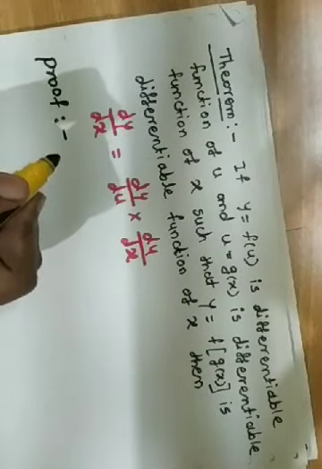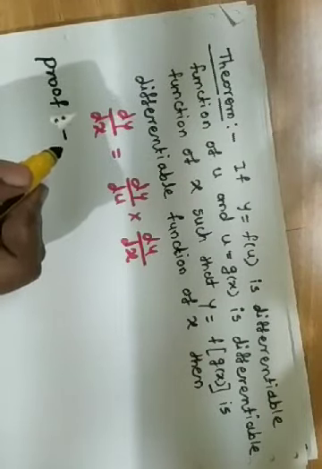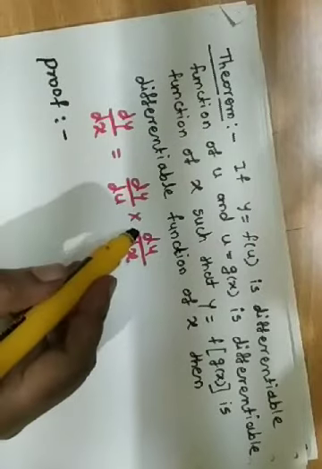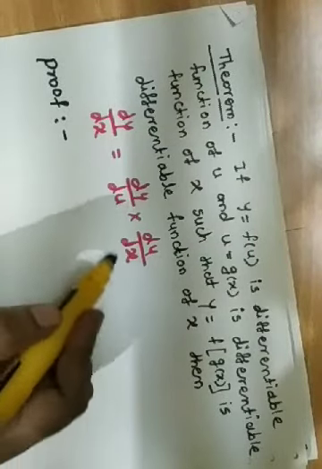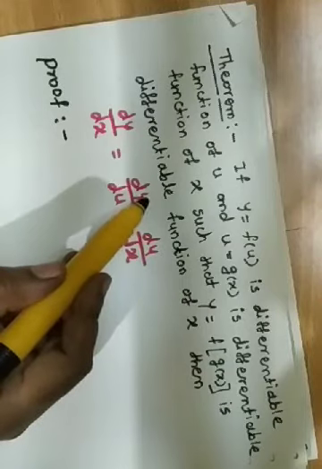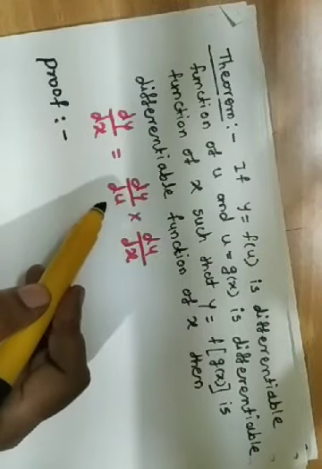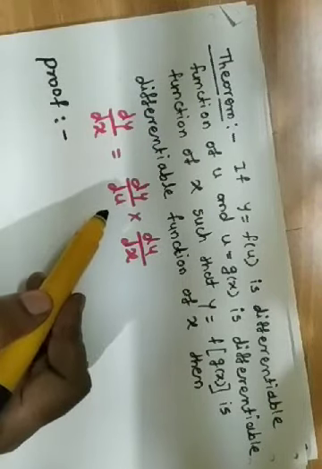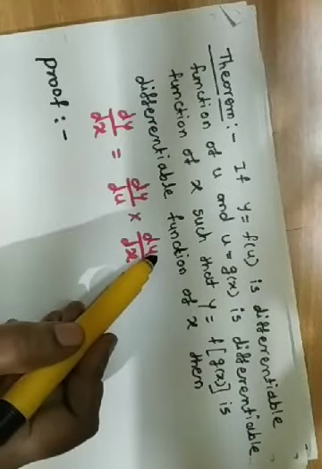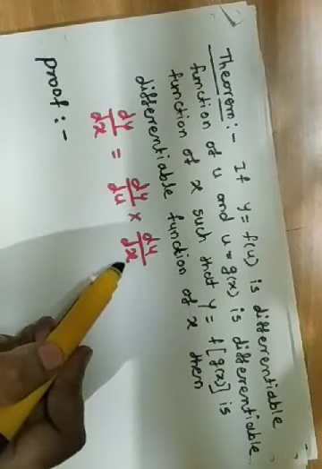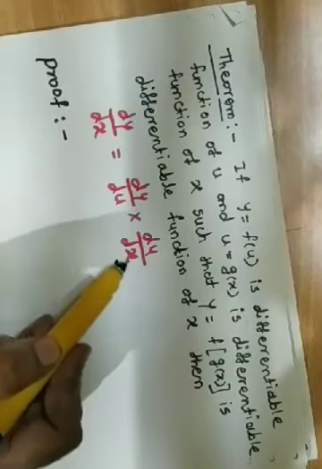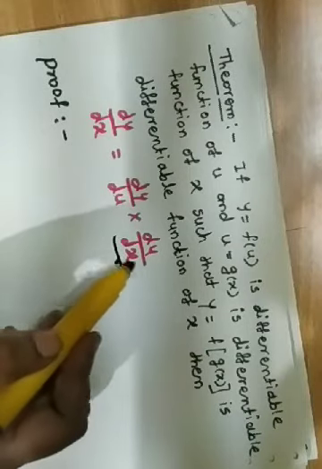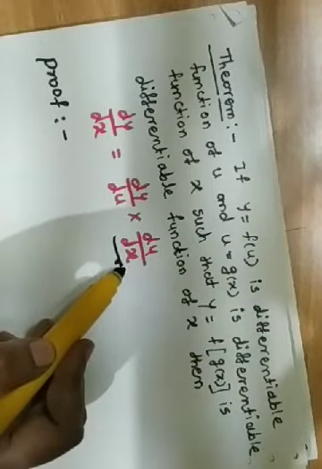Let us see on the right side how many variables are there in this theorem. Here y is a variable, another variable is u, here is also u, and the last variable is x.